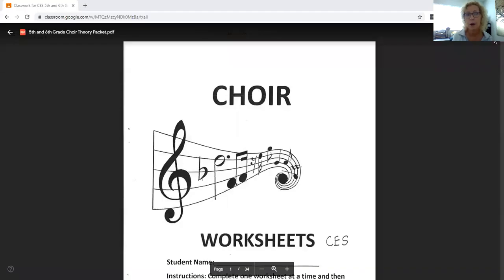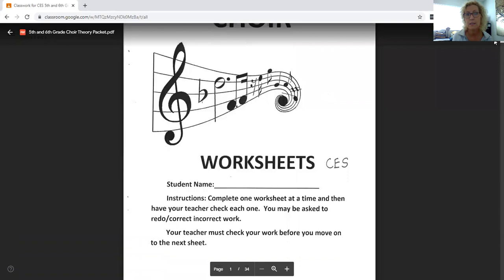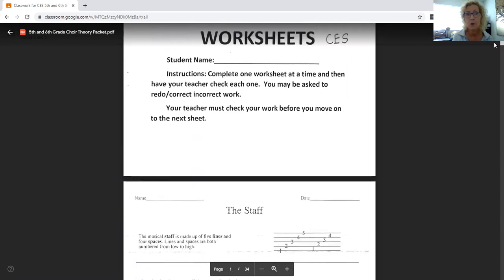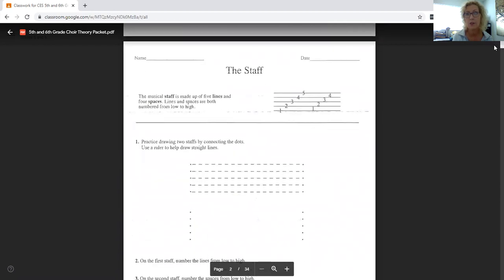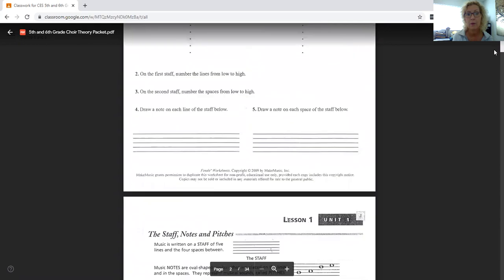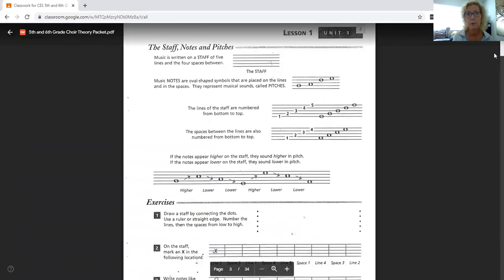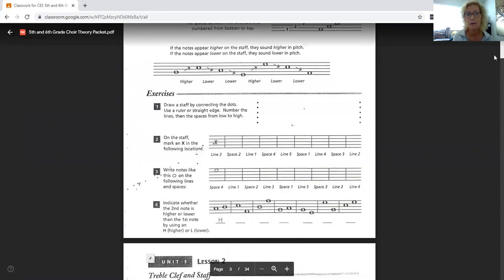I want to start first by showing you the packet so that you know what in the world I'm talking about. This is what your packet looks like. On the front it says Choir Worksheets, CES. Your name should be where it says student name. And today we're going to work on this first page called the staff. Then we will work on the staff note and pitches, lesson 1.